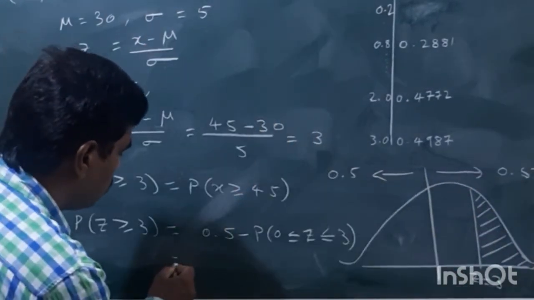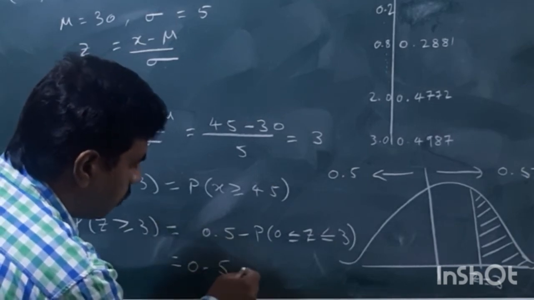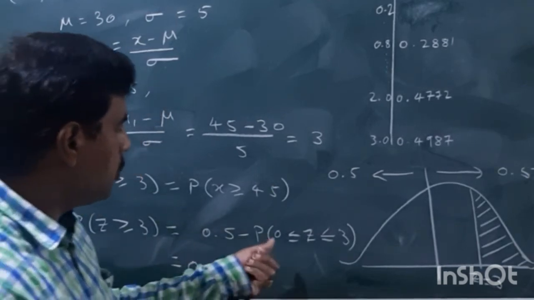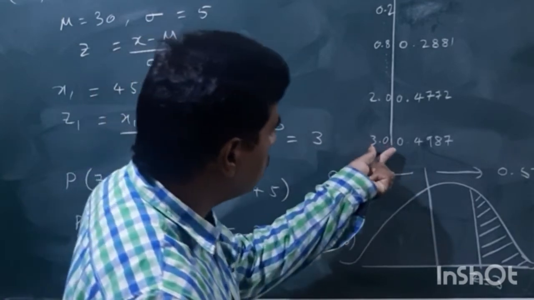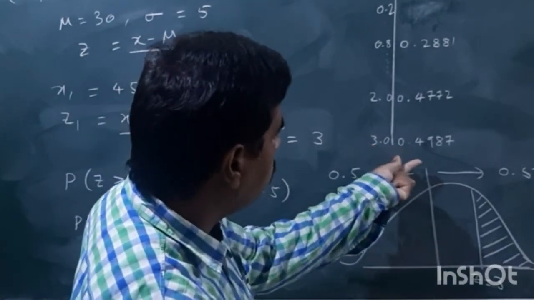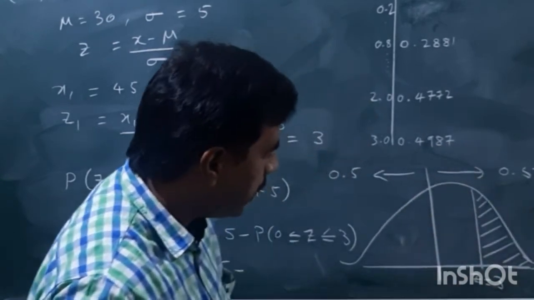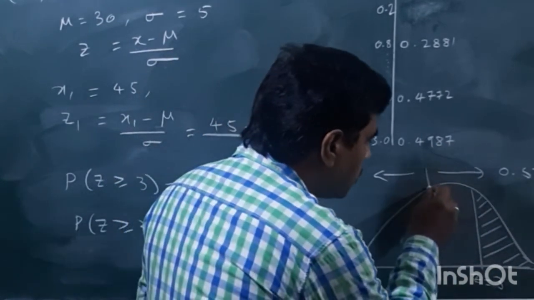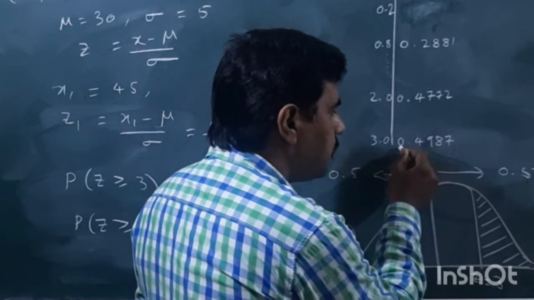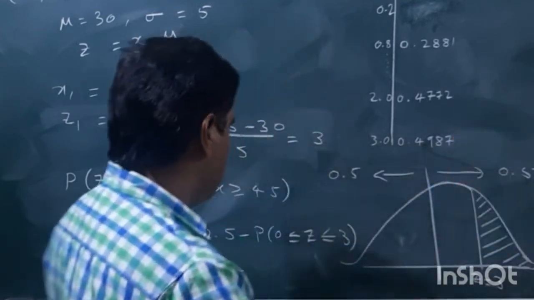Now 0.5 minus the value for 0 to 3, that is 3.0, whose value is 0.4987.